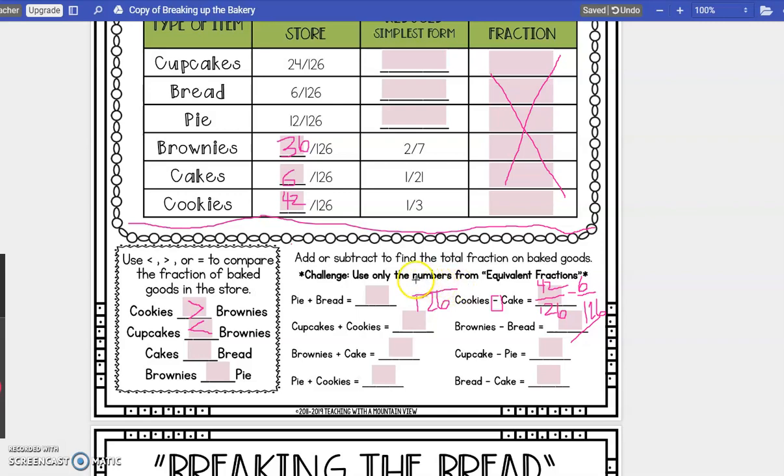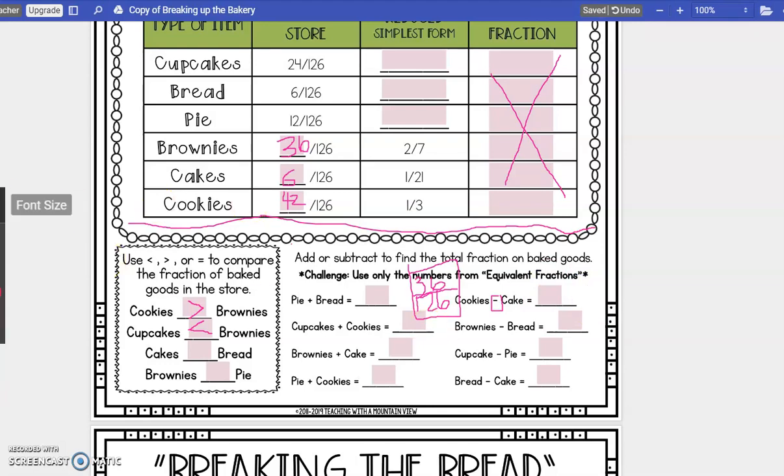Okay, great. If you got 36 over 126, your answer is correct. So go ahead and you would put that answer on the line right here, and you would just go ahead and share it with me.